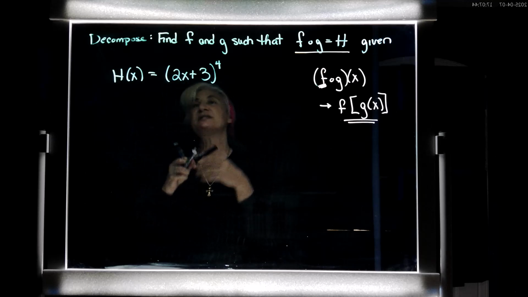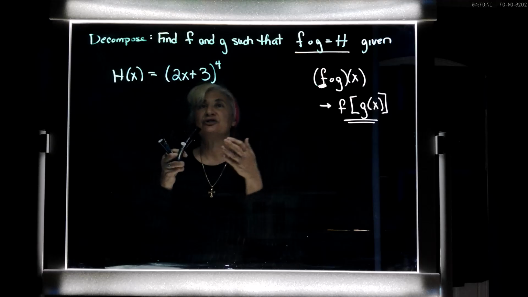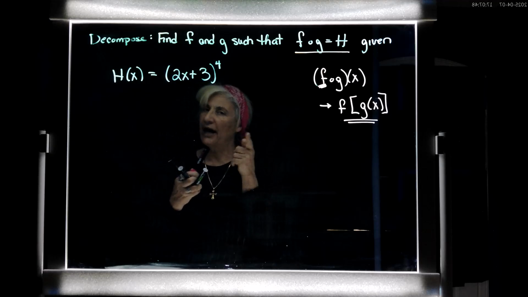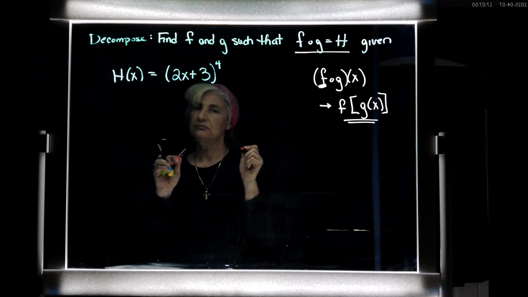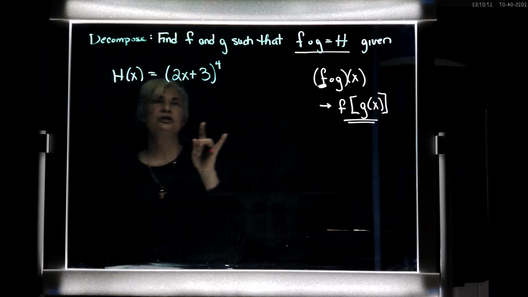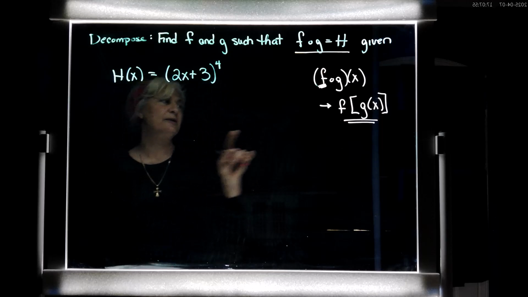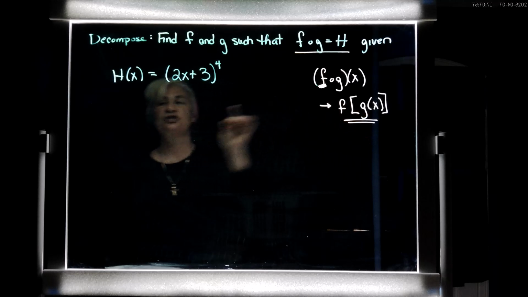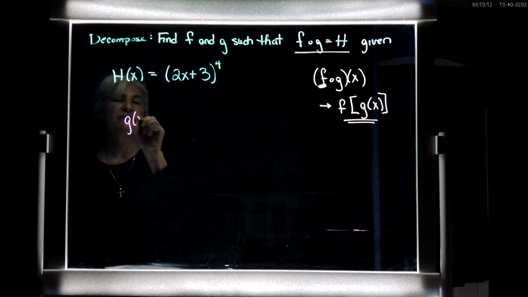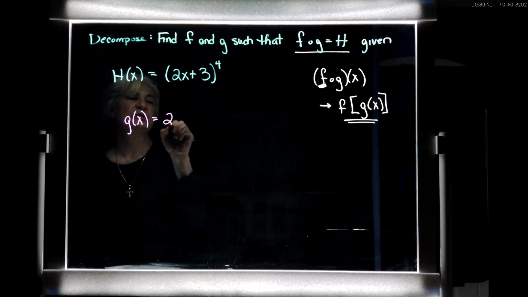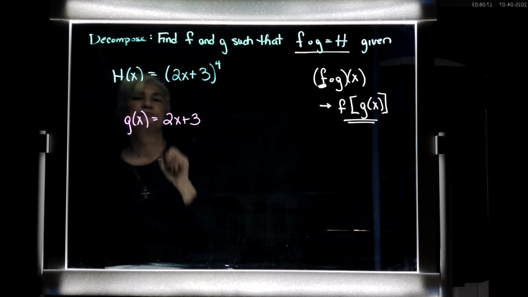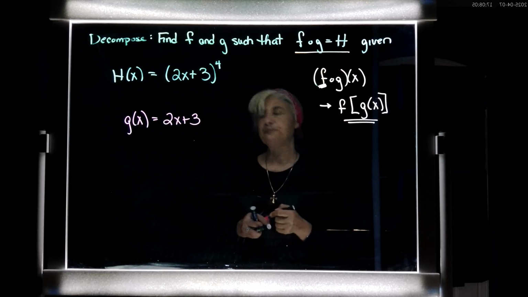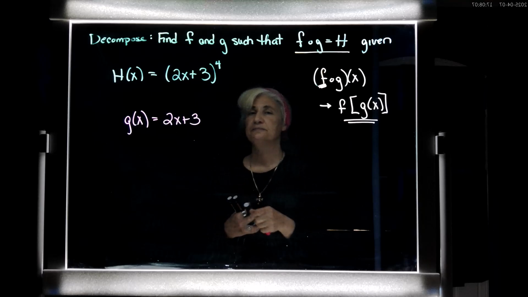Yeah, in the parentheses, looks like inside is 2x plus 3. So I am going to, don't write, just watch, start assuming my inside function, my g of x, is going to be 2x plus 3. That's what I'm going to assume, because it's inside.